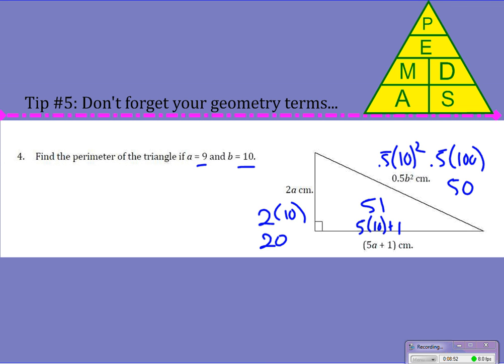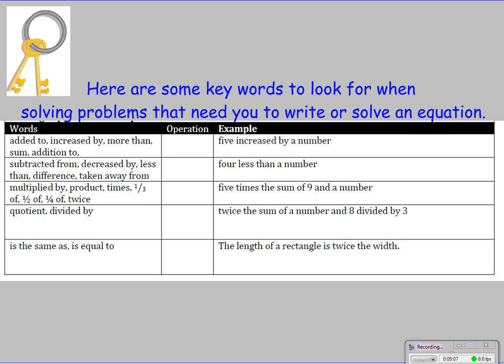So that'll just be 50. So my perimeter then is going to be 20 plus 51 plus 50. So that will be 121. That will be in centimeters. There's my answer.